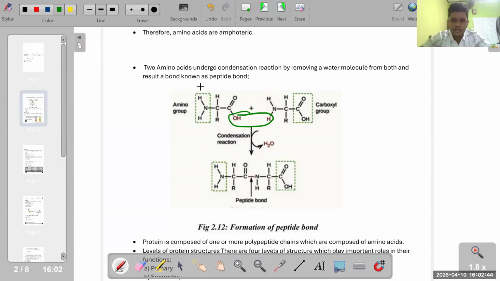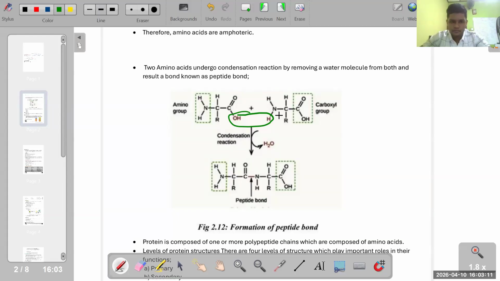Here, the carboxyl group is an acidic group and the amino group is a basic group. Just think of this reaction: HCl plus sodium hydroxide produces sodium chloride plus water. Can you see that when an acid group and a basic group react, water is produced?